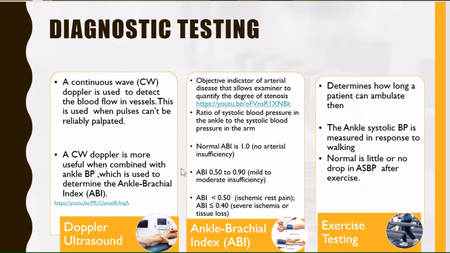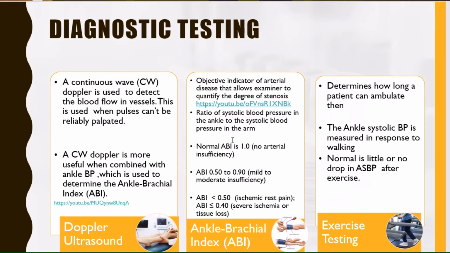So how bad is the narrowing? You will know whether it is normal, whether there is mild to moderate insufficiency, or whether it is severely narrowed. So how do we do this? There is a YouTube video attached here. You can watch that video.